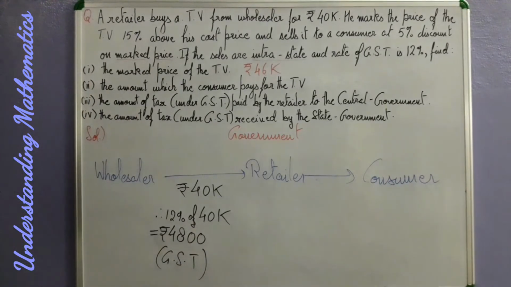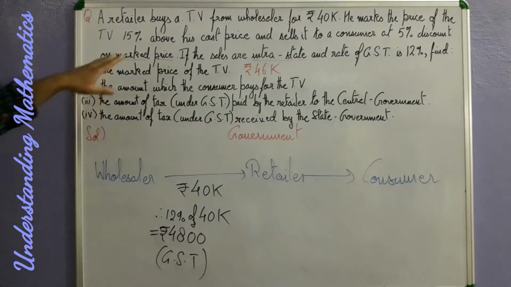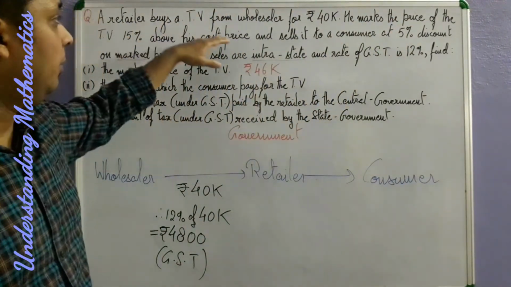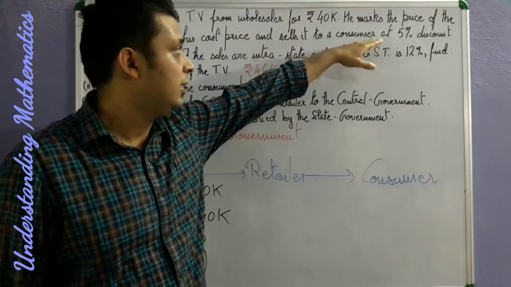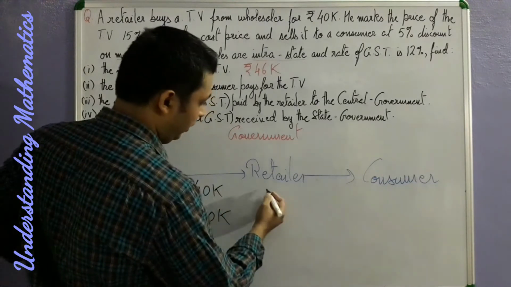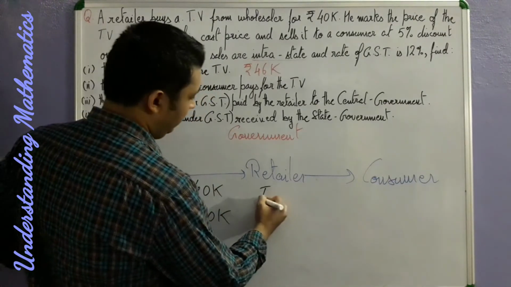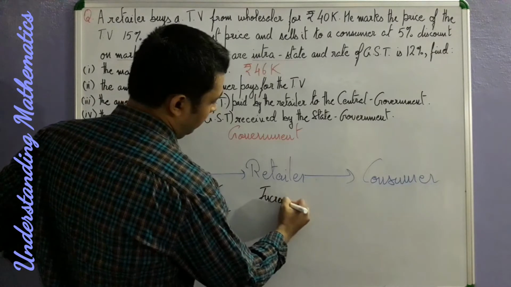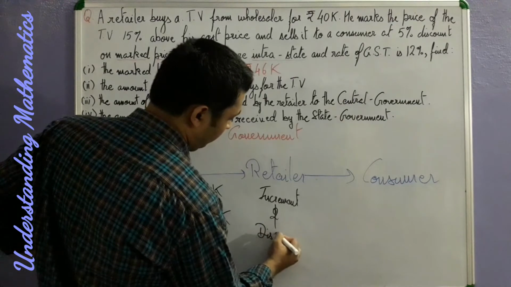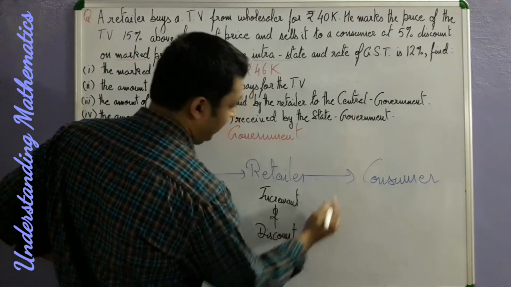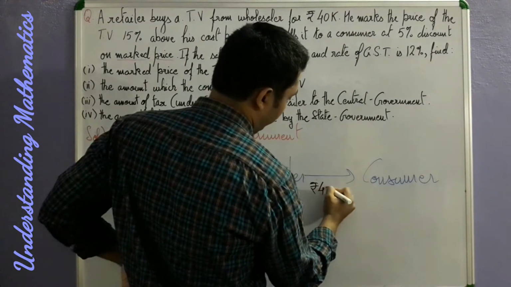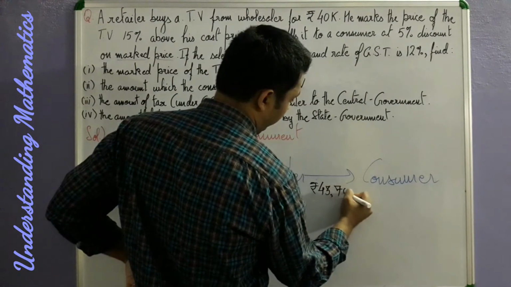Now as we remember that when the retailer marks the price 15% above the cost price and sells it to the consumer, then the price which is seen by the government after the increment and discount is rupees 43,700.